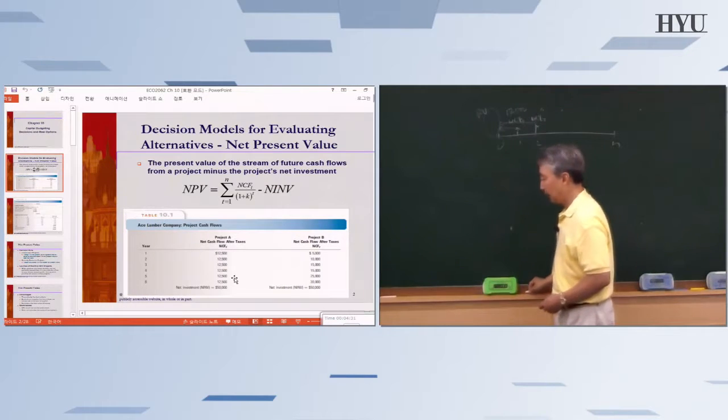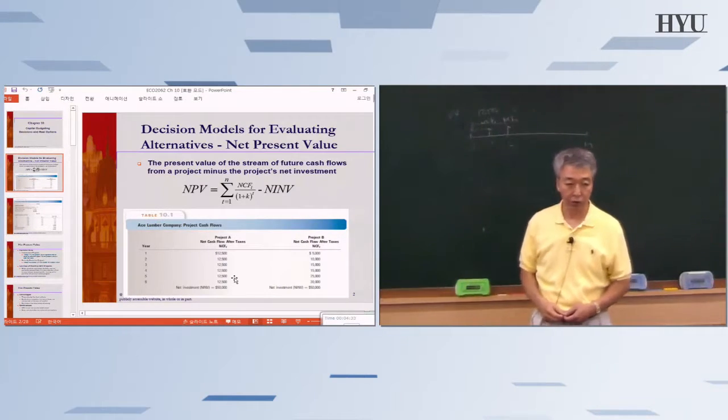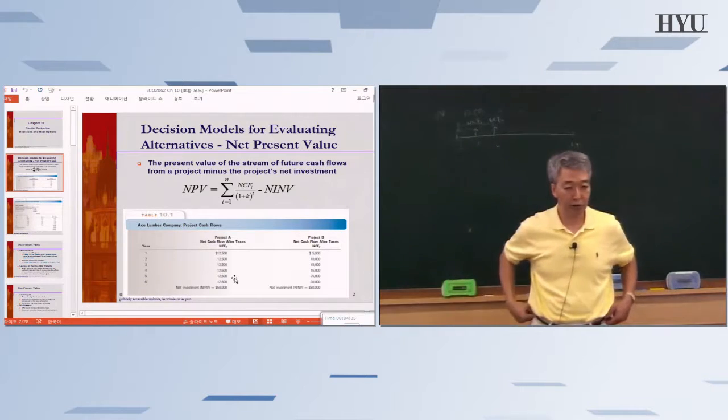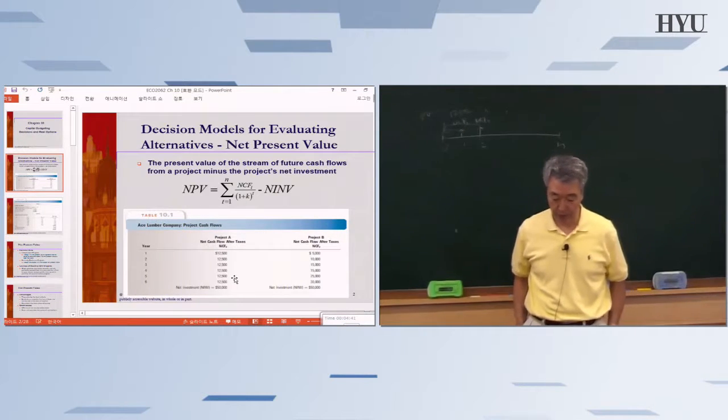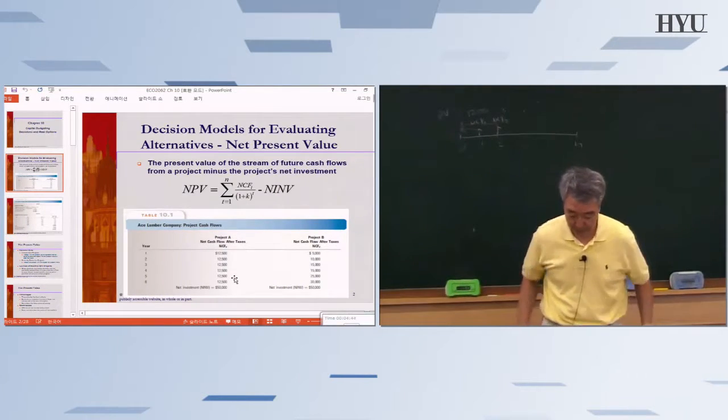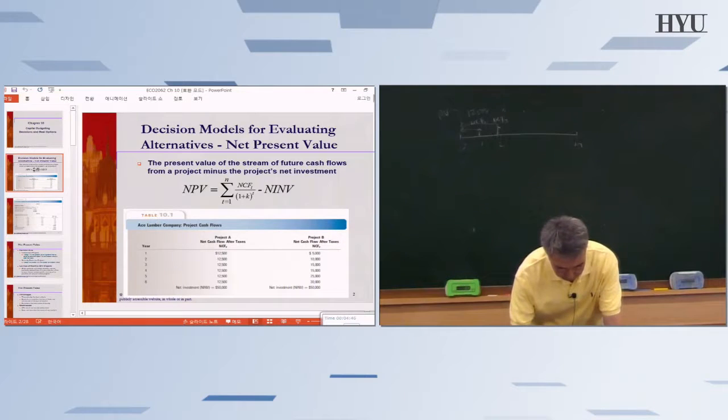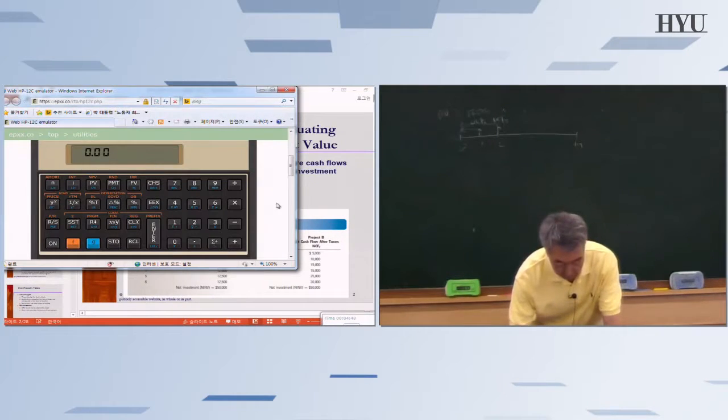Well, in that case, it's an annuity, right? It's equal payment, repeating over the life of the project. So the calculation becomes very simple.